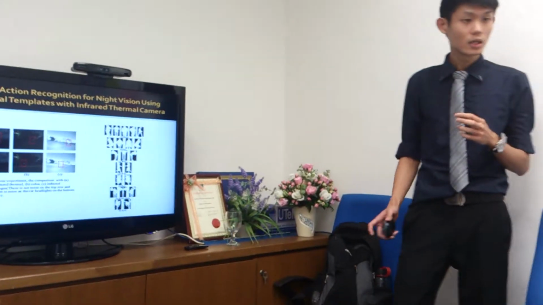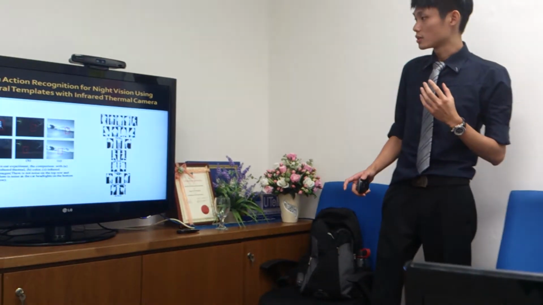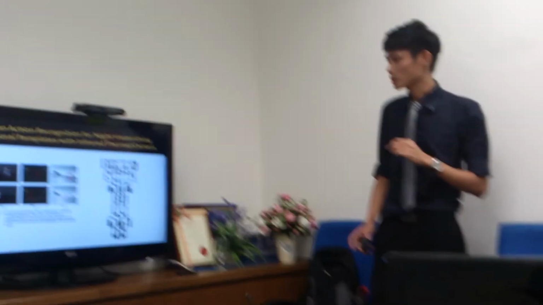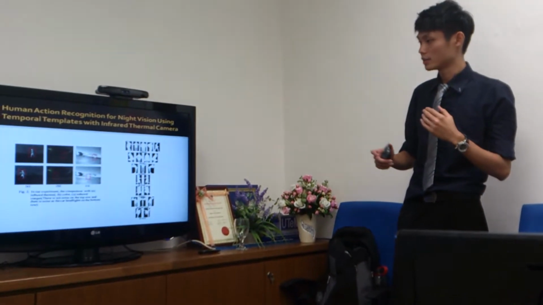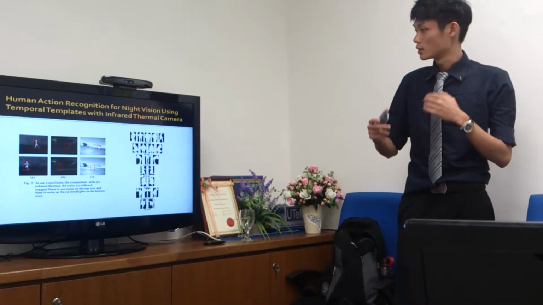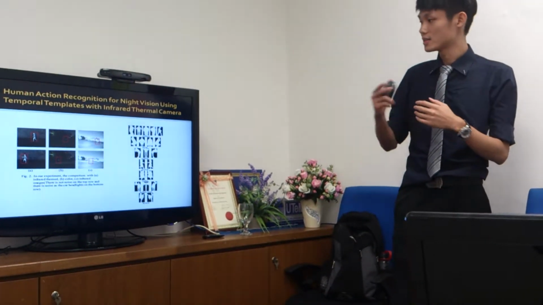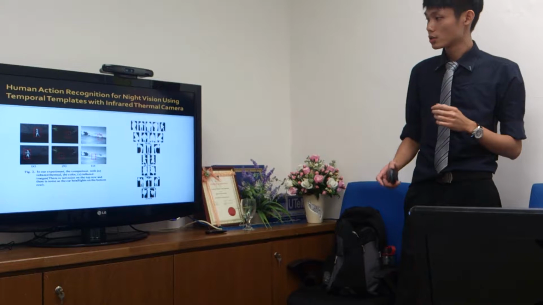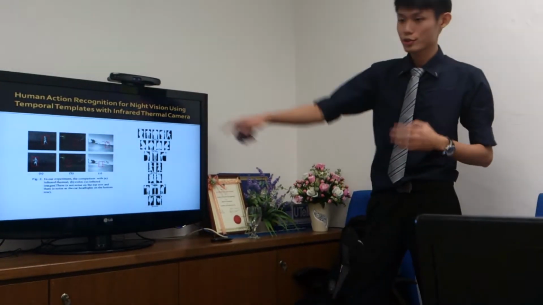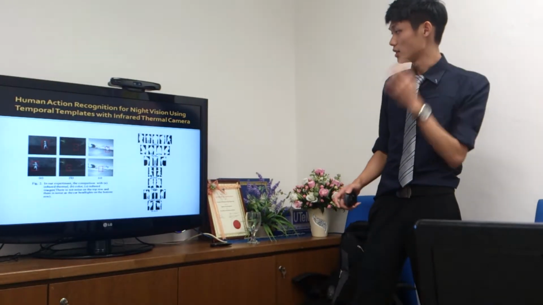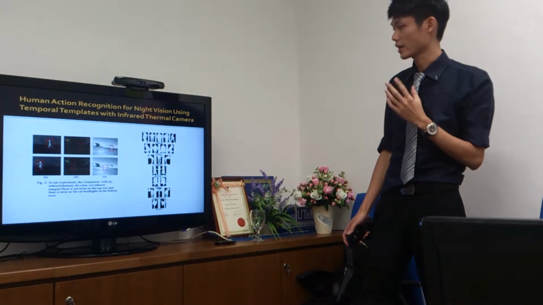Here, the author used an infrared thermal camera. An infrared thermal camera is another type of night vision camera that is used to detect the infrared that exists in the environment. You can see here, the image is captured by the infrared thermal camera.